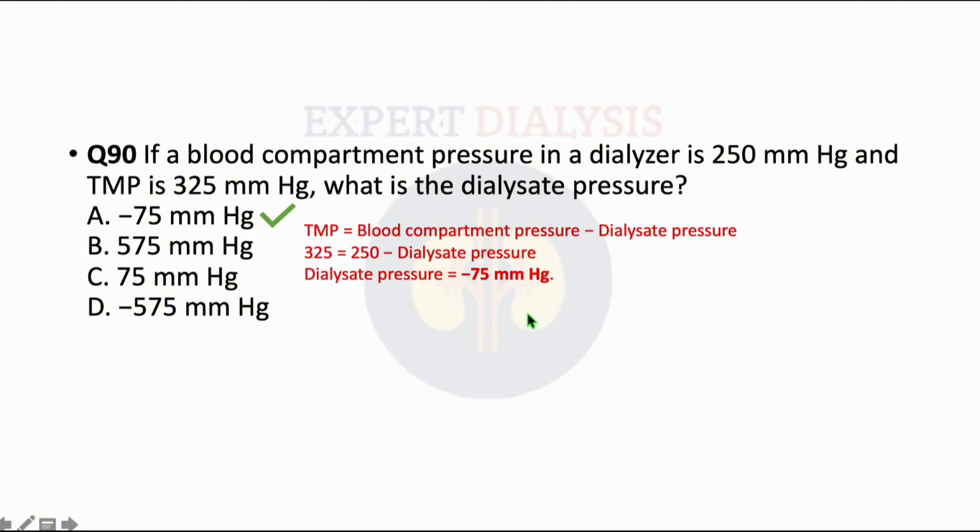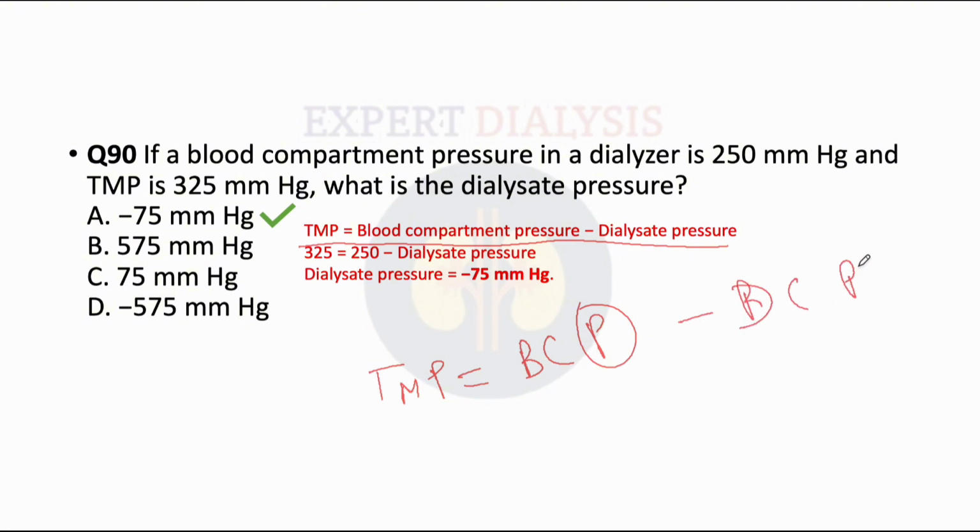The calculation is generally performed by the formula: TMP is equal to blood compartment pressure minus dialysate compartment pressure. In the question they have given the value of TMP, so the TMP here will be 325, and they have also given the blood compartment pressure.